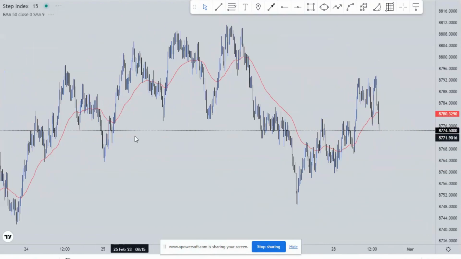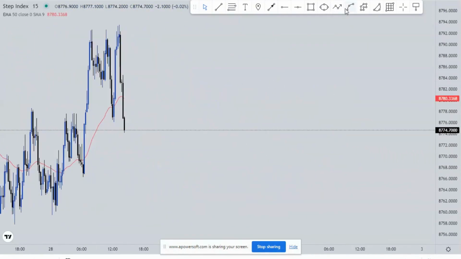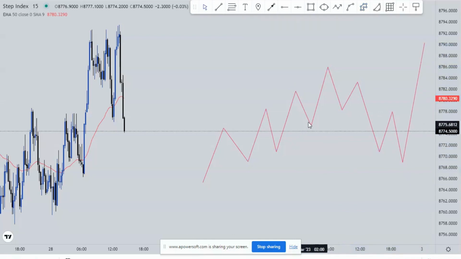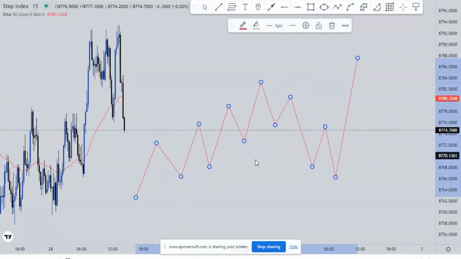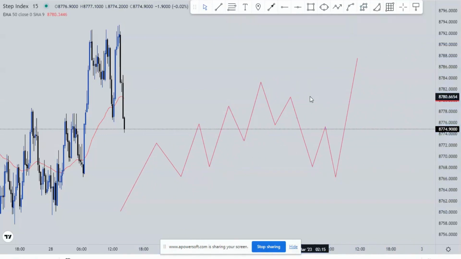By a complex pullback, I mean that if the market is moving up like that and then making those kinds of moves, a complex pullback is one where the market will pull back like this, like this, like this, and then it proceeds up. We can see that the market is still bullish.